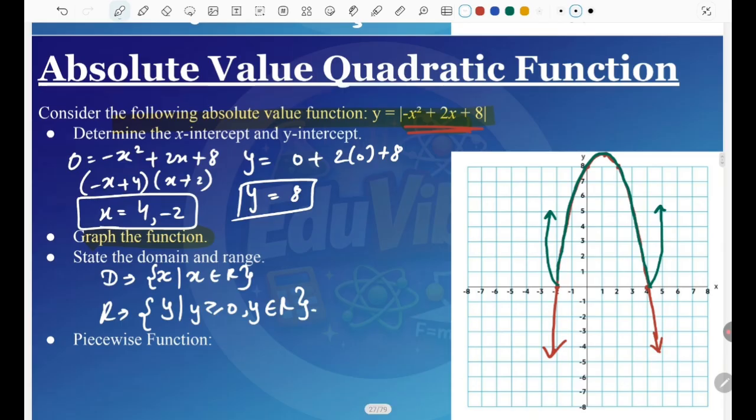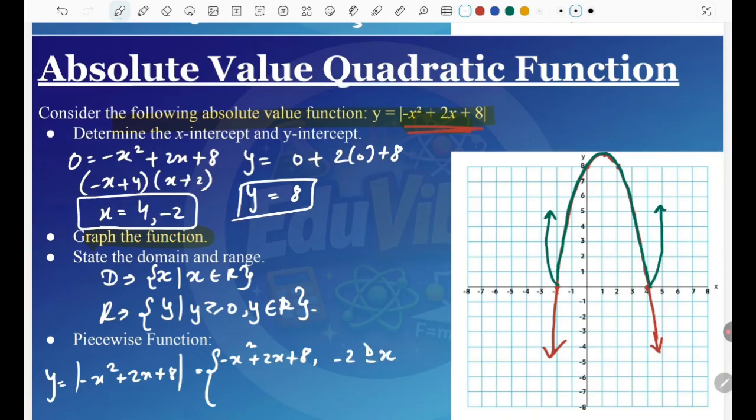Now everything you do in your piecewise function: you will get minus x squared plus 2x plus 8 absolute, which, if you take minus x squared plus 2x plus 8 as it is, applies when x is greater than or equal to minus 2 and less than or equal to 4.